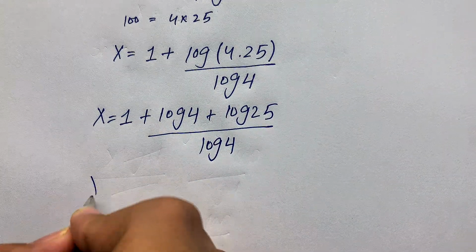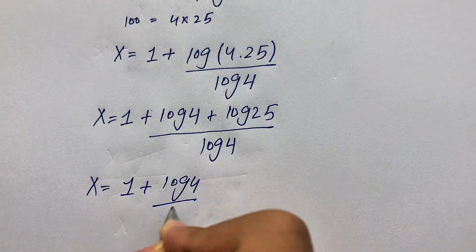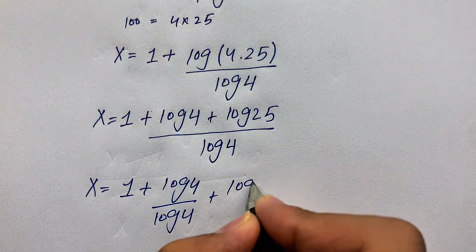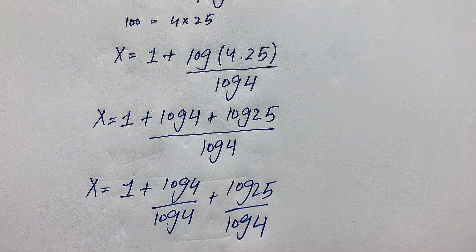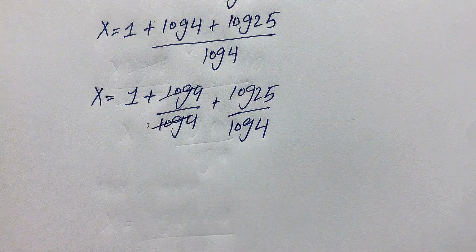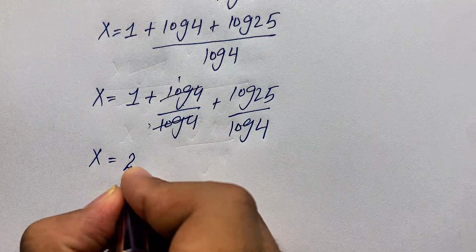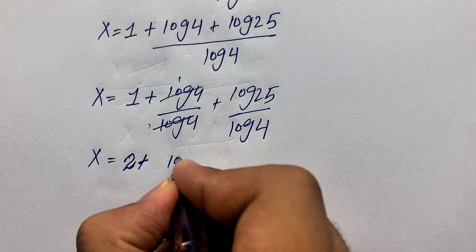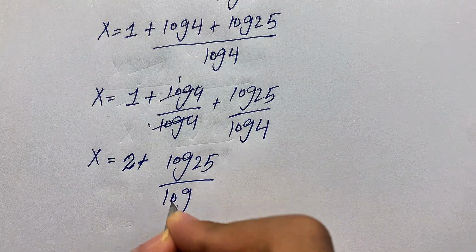Now x is equal to 1 plus log of 4 divided by log of 4 plus log of 25 divided by log of 4. This log 4 cancels, remains 1, and 1 plus 1 is 2. So 2 plus log of 25 divided by log of 4.